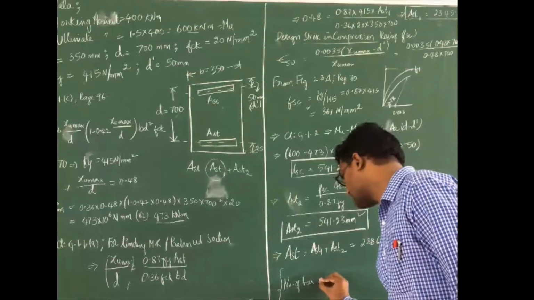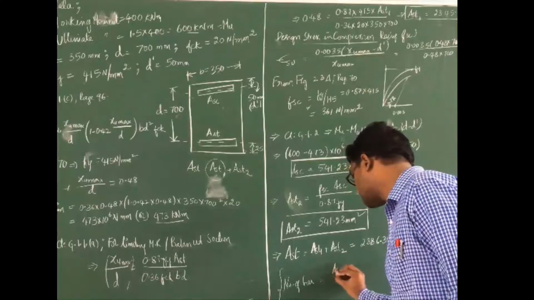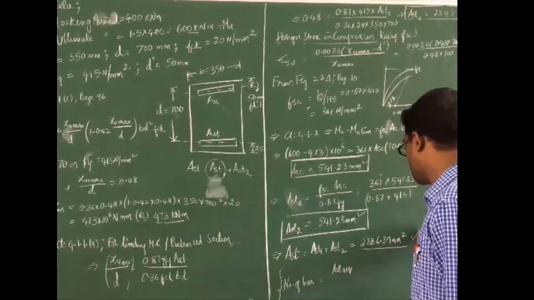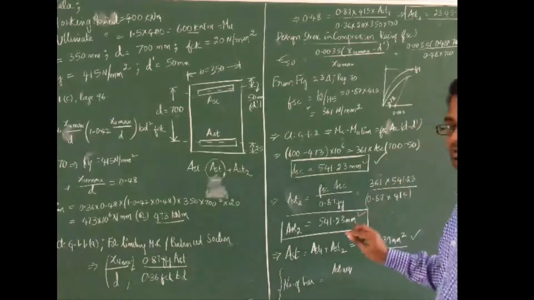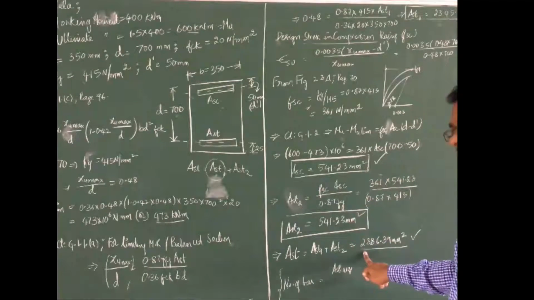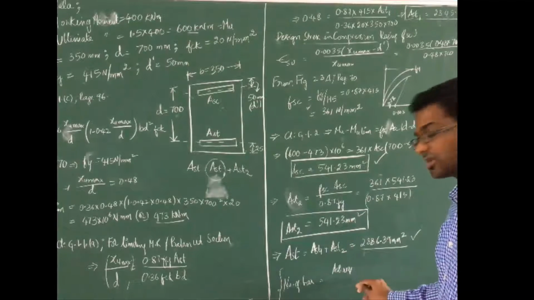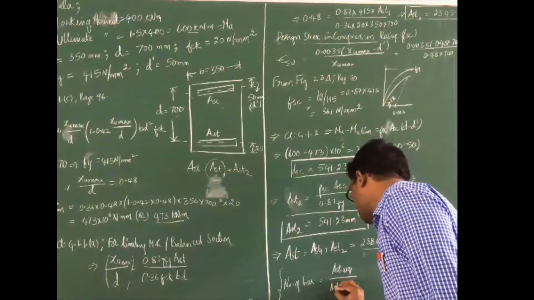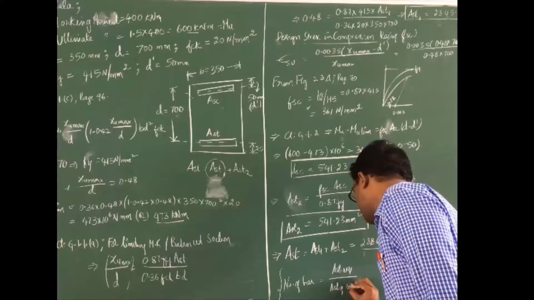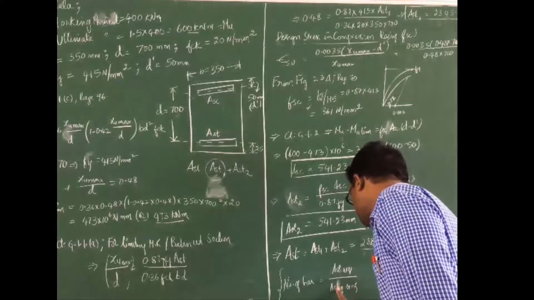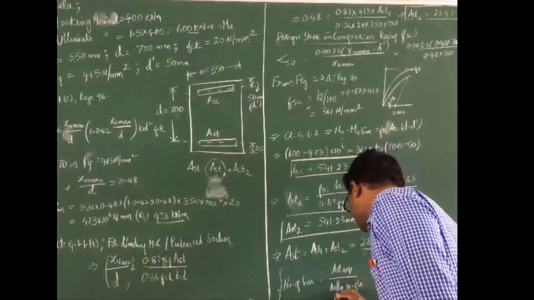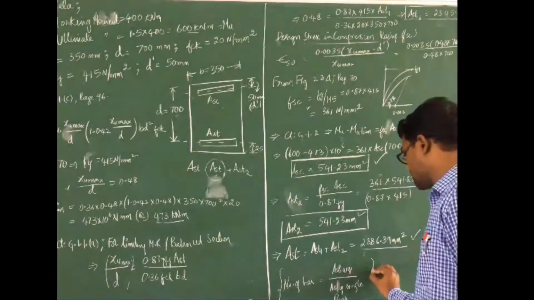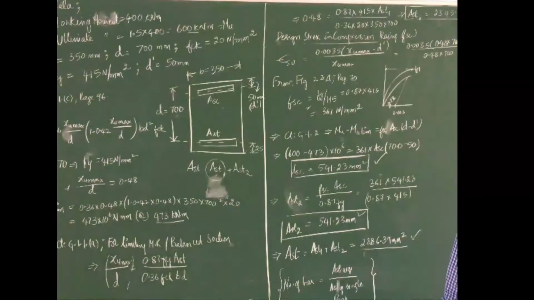This is in compression, this is in tension. So the number of bars can be calculated as AST required divided by the area of steel of a single bar, right? So you can assume any diameter bar.